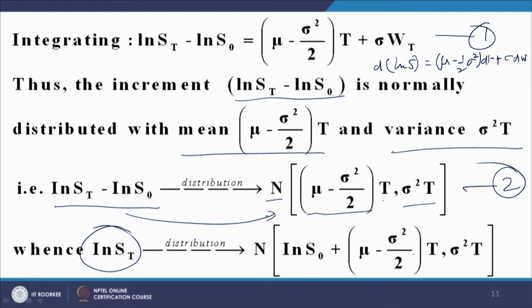I repeat, capital T is not infinitesimal, capital T is a finite time interval, therefore, this model holds for a finite time interval, and we have log of S t normally distributed with a mean of log S 0 plus mu minus sigma square upon 2 into t and a variance equal to sigma square t.